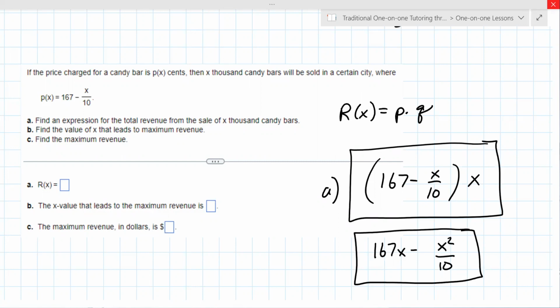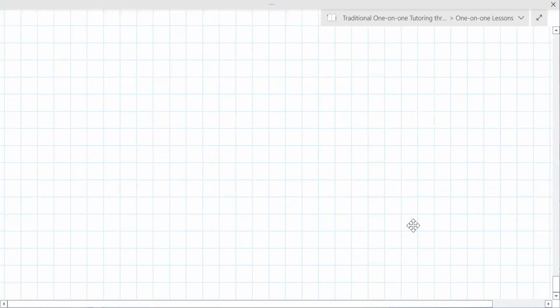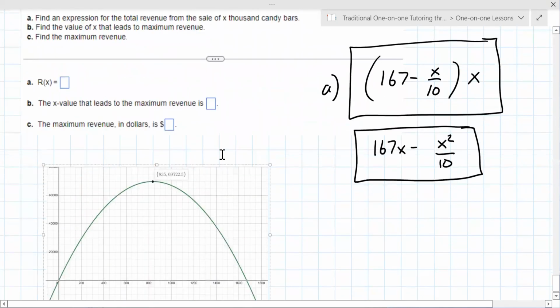Okay, so I'm snipping in the graph now. All right, and we're looking for the x value that leads to the maximum revenue, which is 835. And that looks consistent with what I'm seeing online.